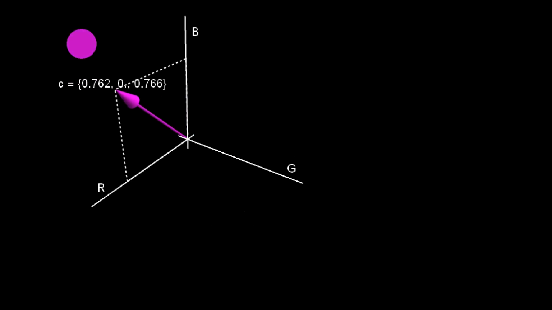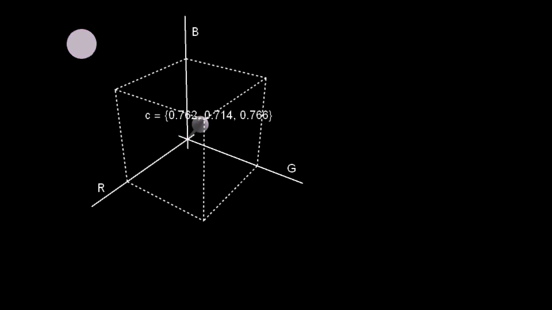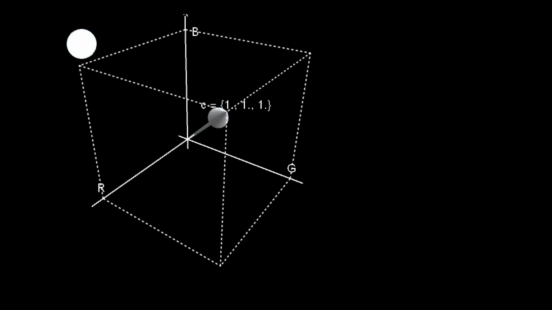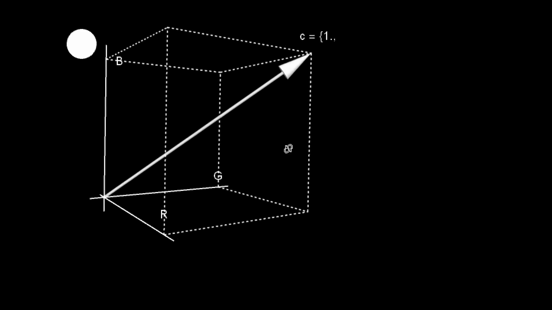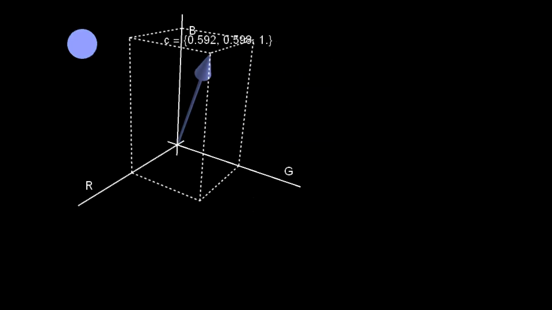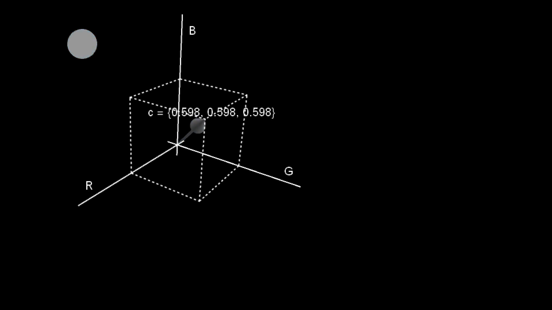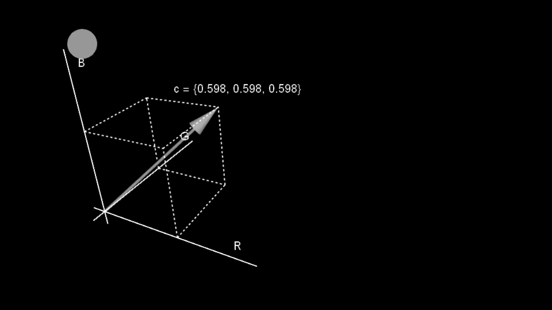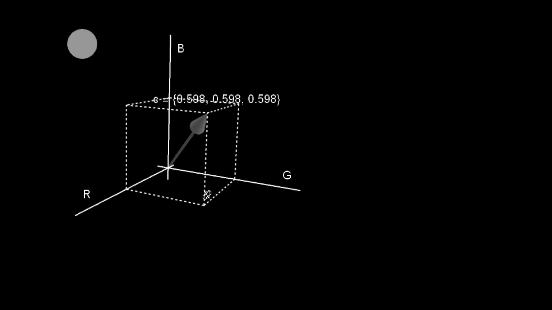Notice that the point (0, 0, 0), the origin, would be black, and the point (1, 1, 1), when the 3 components are at their maximum and equal values, we actually get white. But interestingly, if the 3 components are some intermediate number but they are equal, then we get something between black and white, so we get a gray color. In fact, all the gray scale ranging from black to white is represented by an actual geometrical line in this color space.